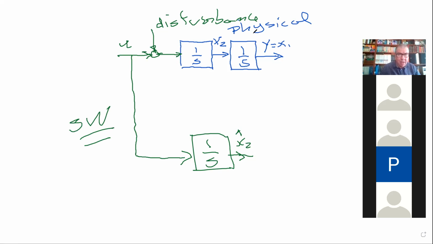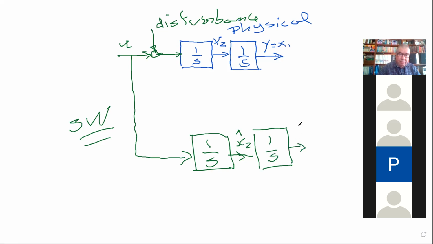Can we use the derivative and the estimator to compute the error? And then... So use the output. Use the output. But it's not a derivative. What we do is we do a replica of our system. Okay? So another integrator. So this is a replica of our system.